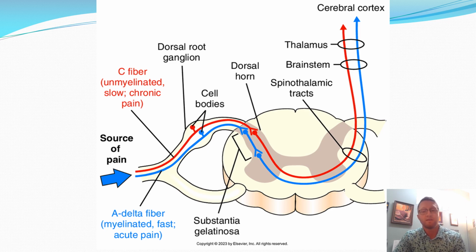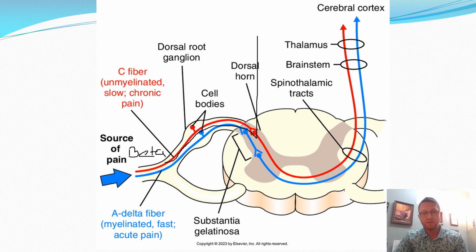Whenever we see the A beta fibers, I know it's not on this, but if we see these beta fibers, they have this same exact pathway until they get here, and then they get shot up through a different tract to the brain.